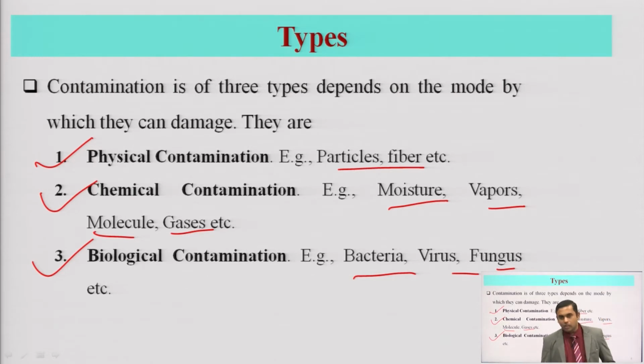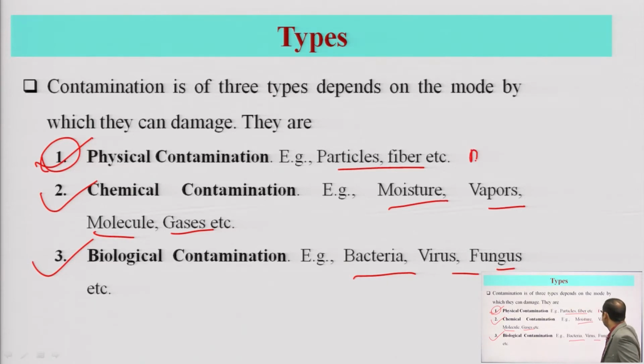You can see a few of these types we can control very easily. For example, physical contamination, such as particles, fiber, dust, dirt, is very easy to control. To control chemical contamination, we need to work in a very organized way.